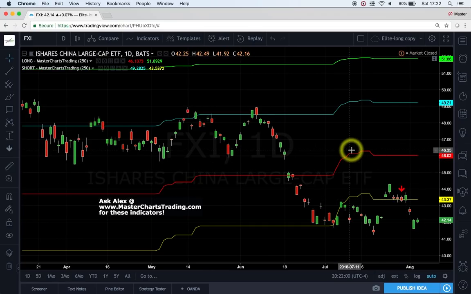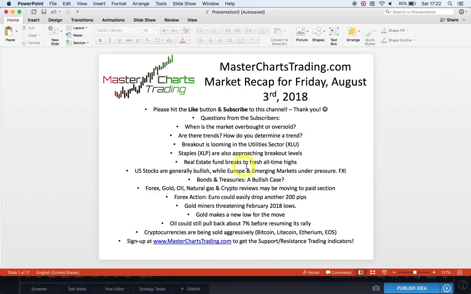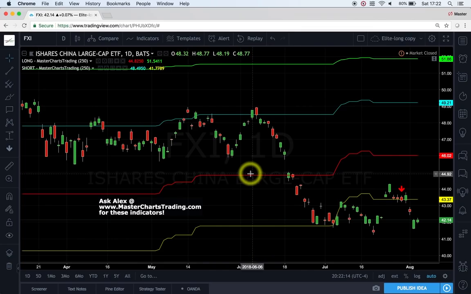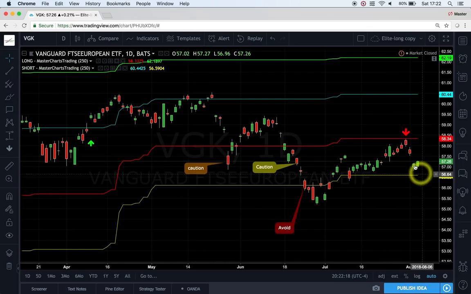It's just my thing. If the S&P 500 flips into a bear market, then we can really start shorting. But overall, Europe, VGK under pressure. Still would avoid it for now.